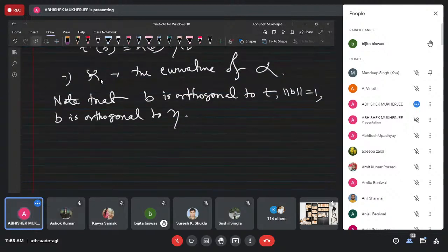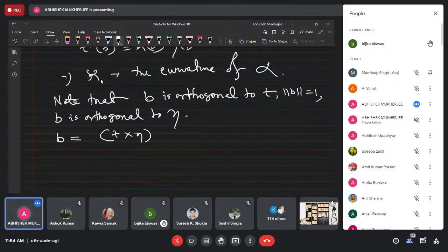So this leads to the situation that you can say that B can be represented as some scalar multiple of this cross product T cross eta.